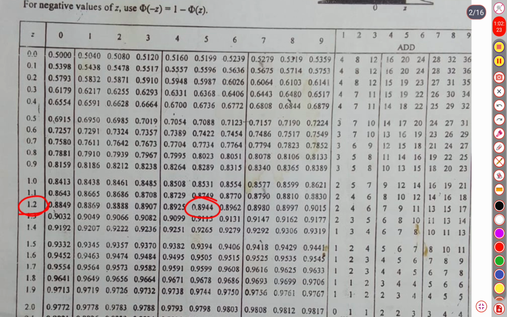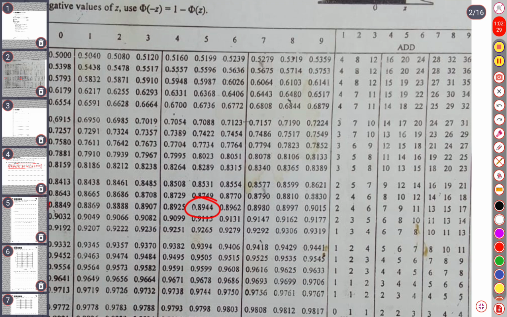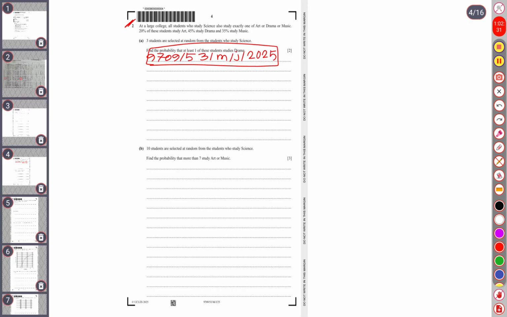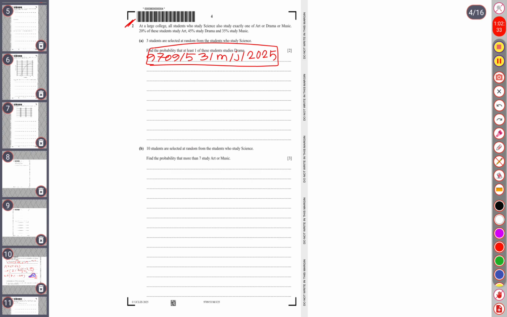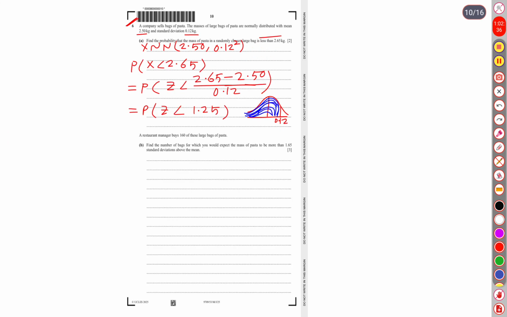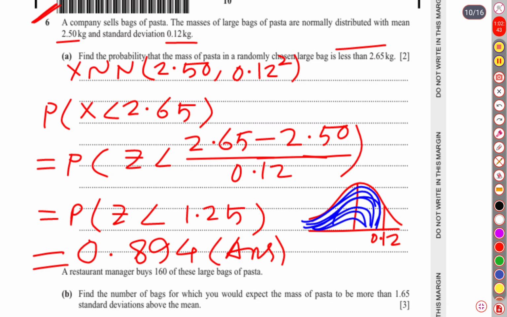So it is 0.8944. Simply we can write 0.894 if we round it to 3 significant figures. So our probability is 0.894.